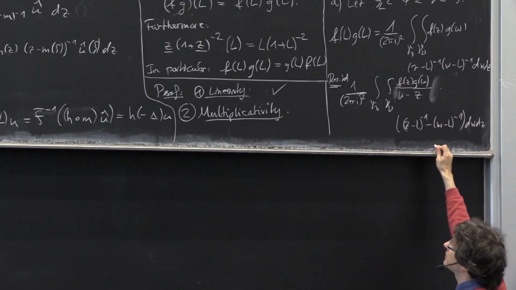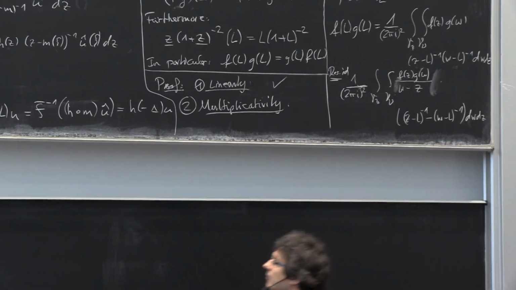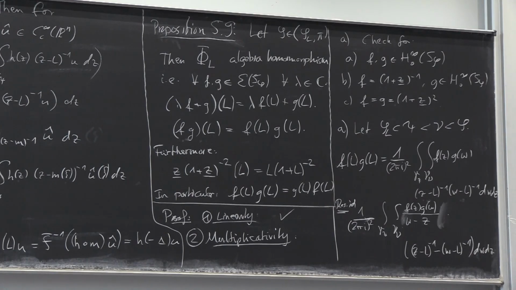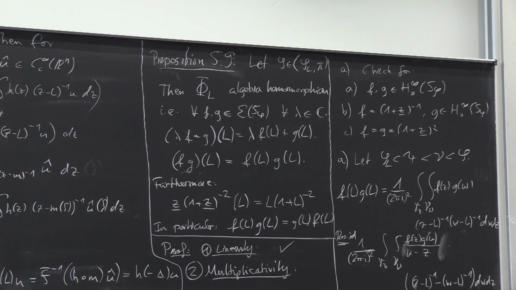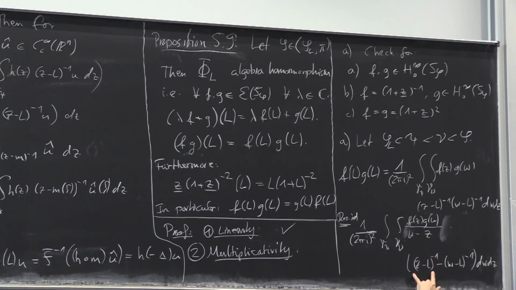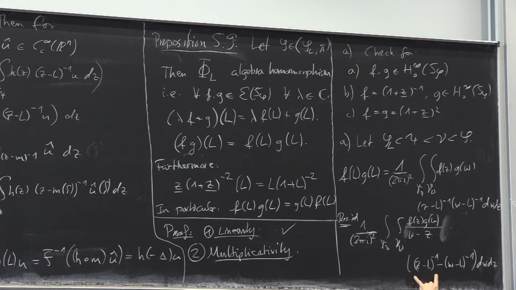Okay, and now we can split this into two integrals. This is now bad for the blackboard, but okay. So now we make two integrals. The first one with (z minus L) to the minus 1, and the inner integral remaining the w integral. So we take everything outside the inner integral that has only a z in it.